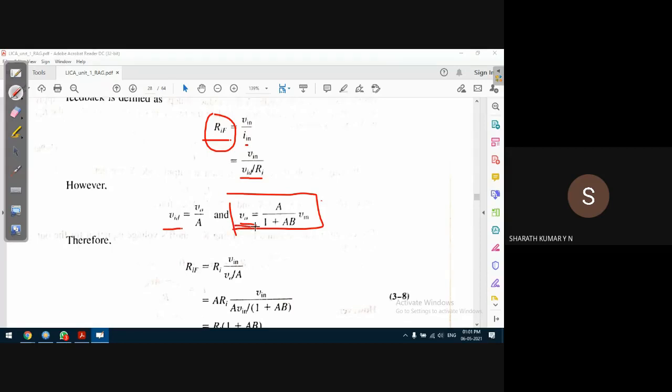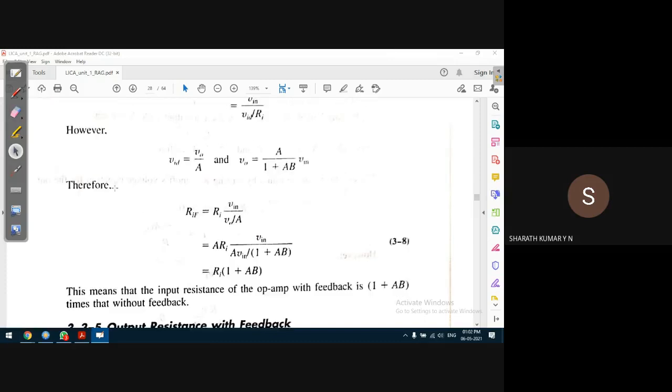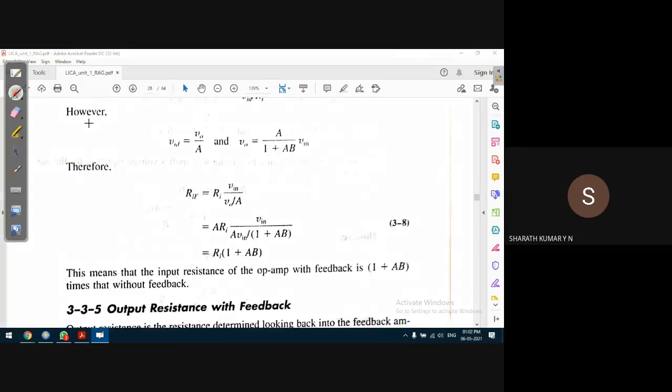We can write output voltage as A divided by 1 plus AB, because this is equal to AF, sorry guys, the feedback voltage gain, AF into Vin. So considering this expression for the input and output voltage, the input is the differential input voltage VID.